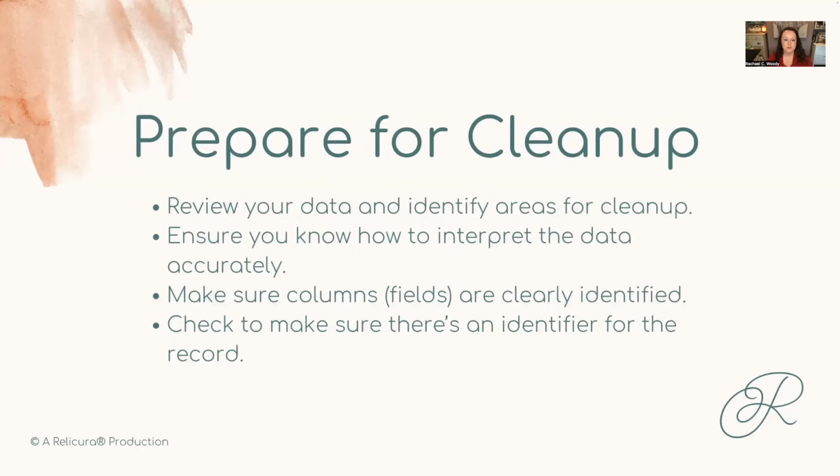As we get into this, review your data and identify areas for cleanup. What those areas typically are and what to look for is covered in that other webinar I mentioned, but we need to essentially have a sense of what it is that we're cleaning up. Ensure you know how to interpret the data accurately. This is especially important if you are not familiar with looking at your data in the spreadsheet format, and especially so if the fields aren't clearly identified as column headers.